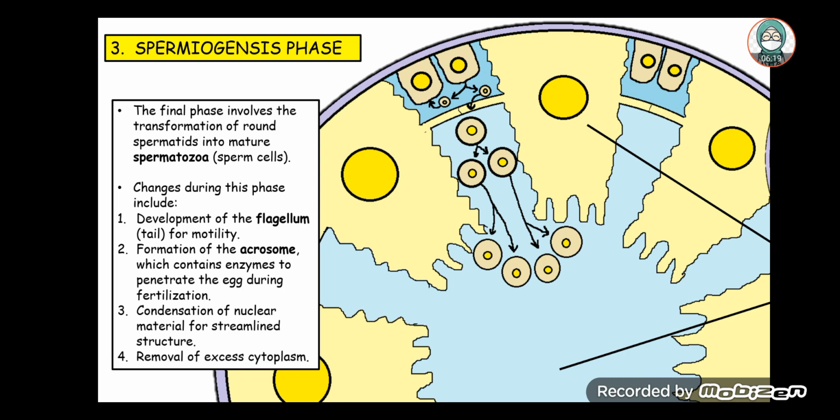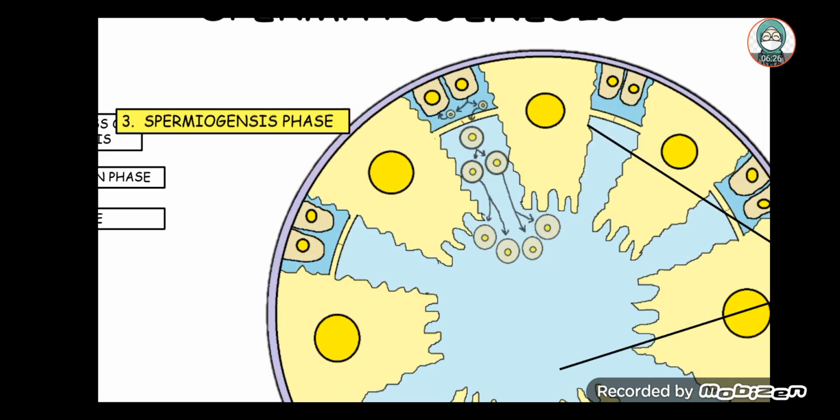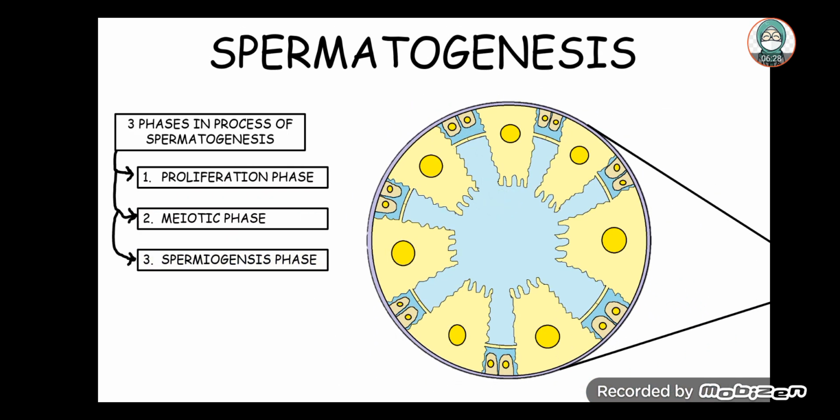So in this phase, four spermatids are converted into spermatozoa by undergoing these changes. This was the spermiogenesis phase, at the end of which spermatozoa, or sperm cells, are formed.